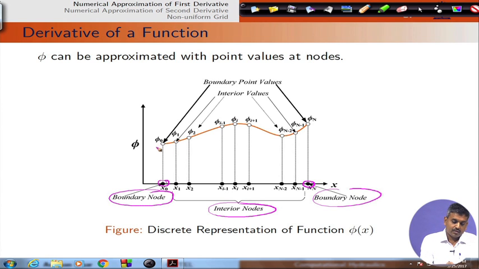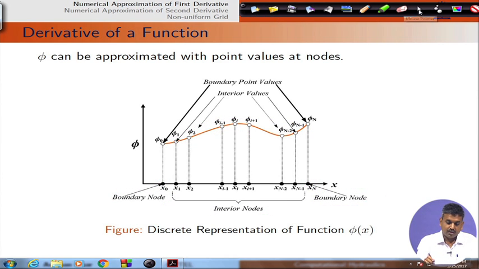At boundary points, values can be specified in terms of boundary conditions, and at the interior points they should follow the governing equations. So, this is the total discrete representation of the single valued function phi.